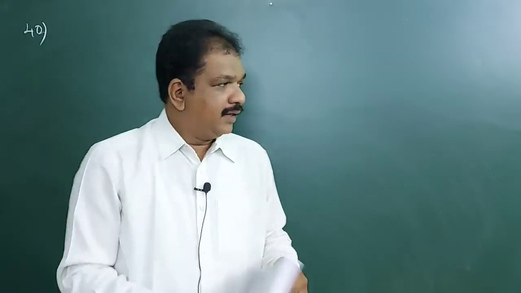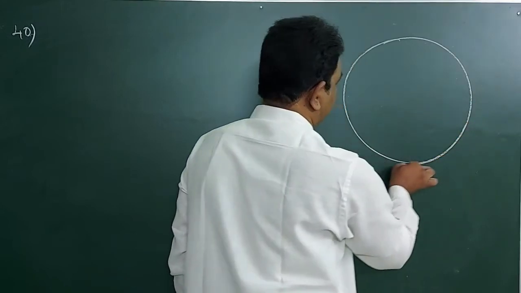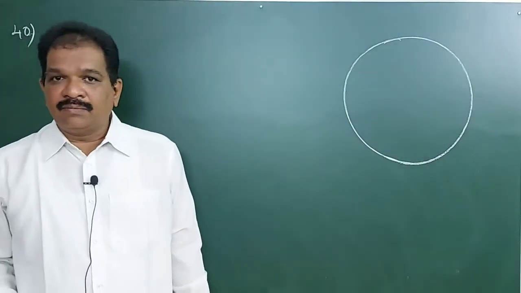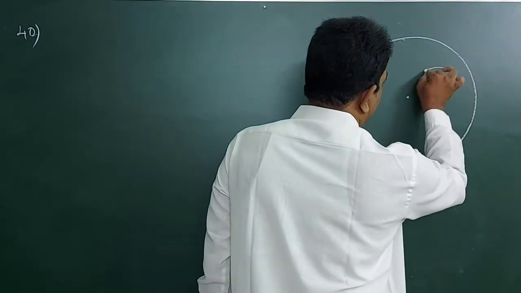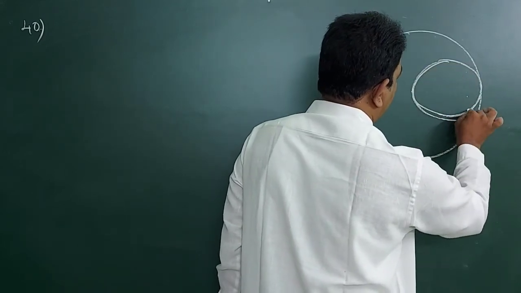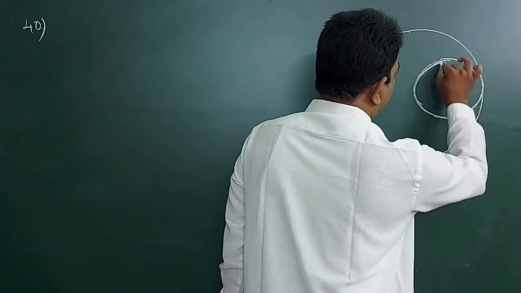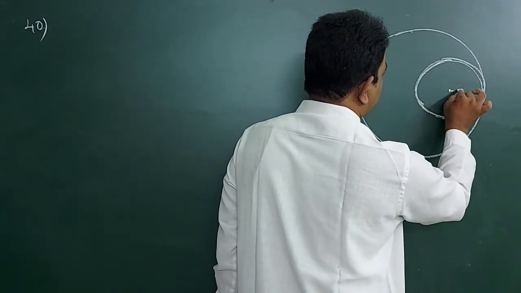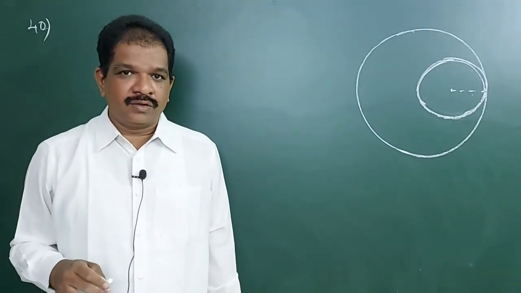What they are asking, see, a disk is there. Its mass is m, radius is r. From that disk, a circular portion of diameter r, a circular portion of diameter r means radius will be r by 2, is removed.